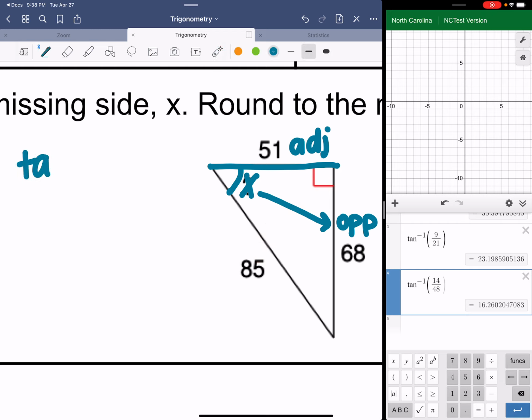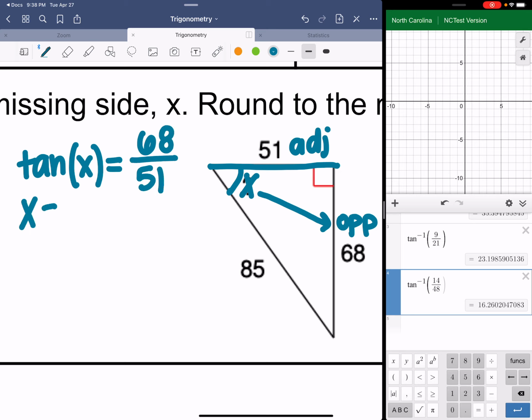So tangent of x is 68 over 51. So x equals tan inverse of 68 over 51.